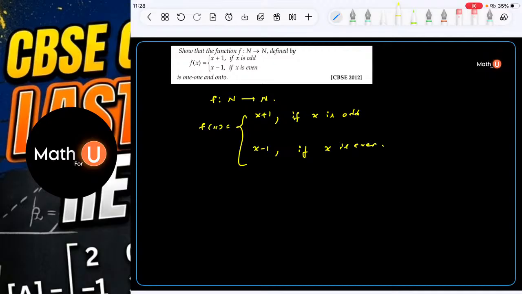We have to show it is one-one and onto. How to show it is one-one and onto?